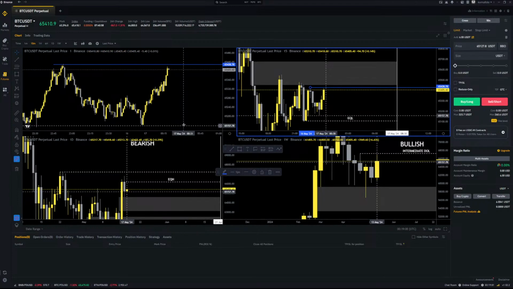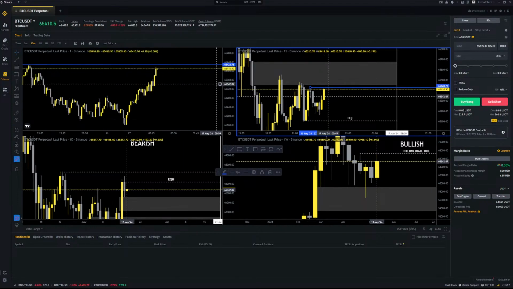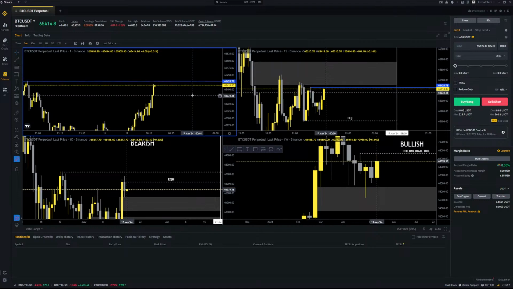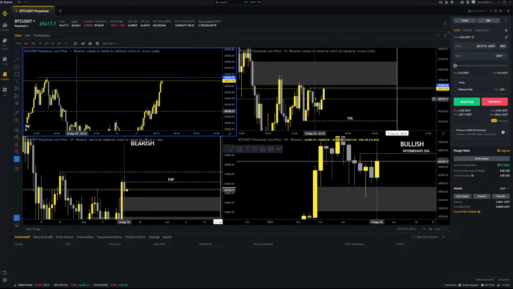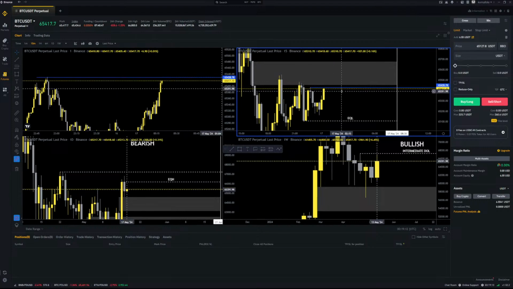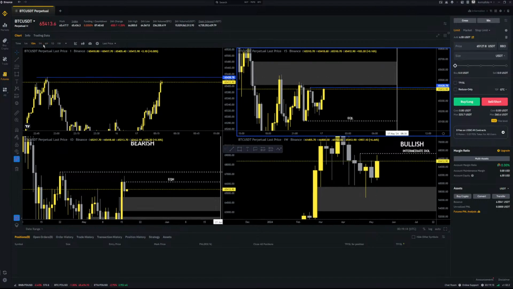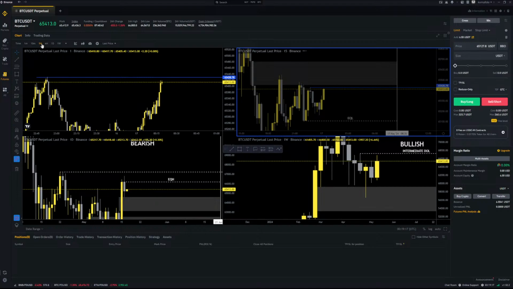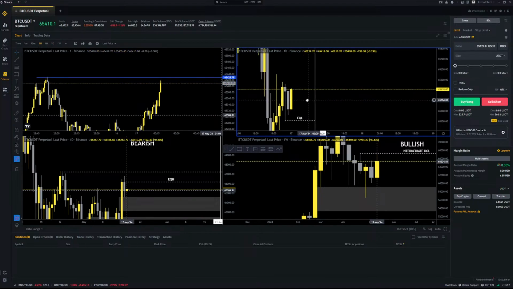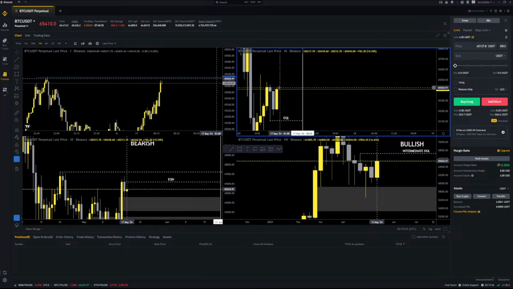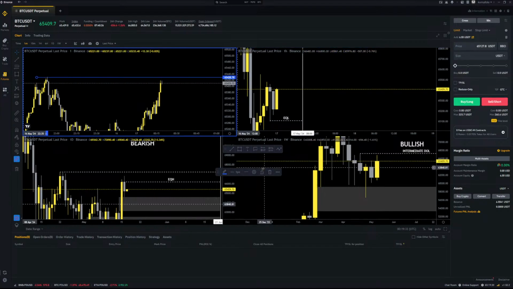You see a fair value gap right there. What does our 1 hour tell us? It tells us that we are going for these equal highs right here, which is what's noted there on the blue line.